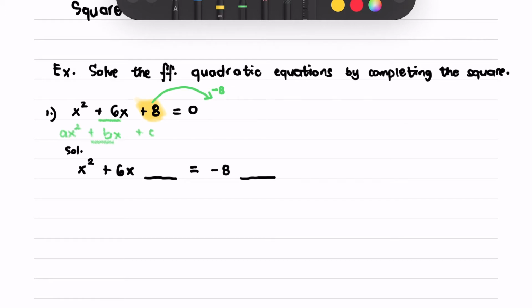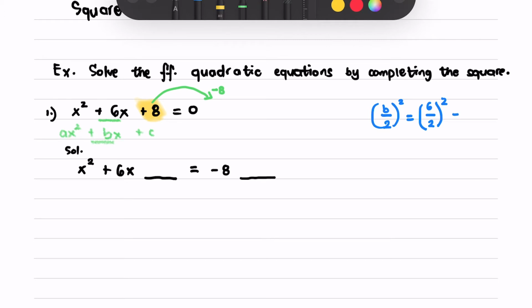So, ito yung magiging formula na gagamitin natin dyan. So, we have b over 2 squared. Okay. So, yung b natin is 6. I-divide natin to ng 2 and then squared. Ito yung i-follow natin. So, that is b divided by 2 squared.